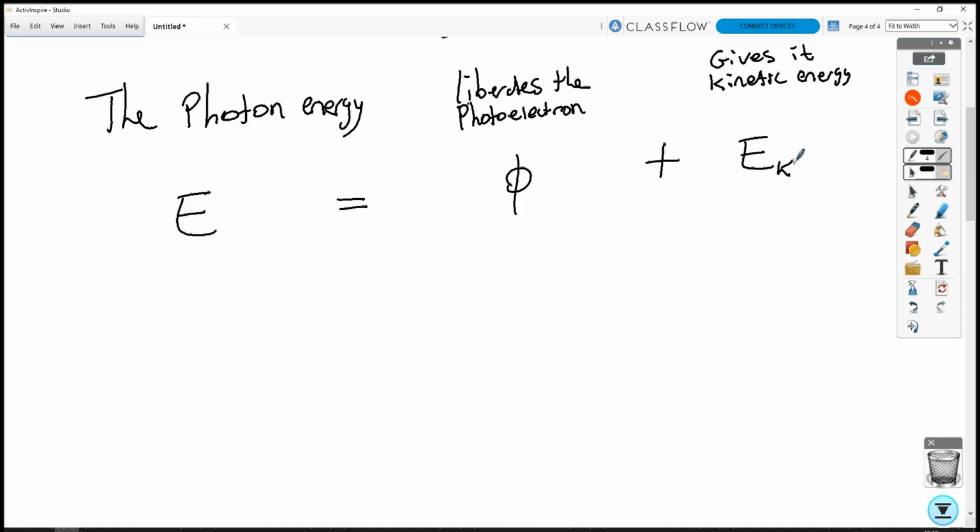So the energy required to escape the material plus the kinetic energy of the electron gives us the total energy of that photon. This energy, phi, we call the work function, and we'll write that down in a moment.